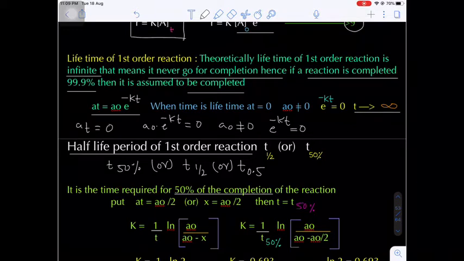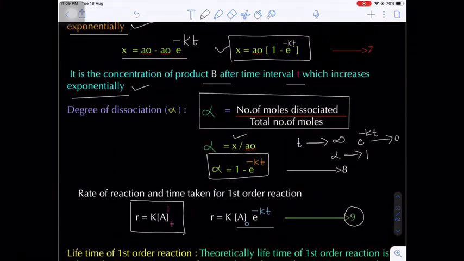Now when 50% of the reaction is completed, the concentration of the reactant will be 50% and the concentration of the product will be 50%. Either you can put At is equal to A naught by 2, or X value A naught by 2. Then the time interval will be T50. Are you getting my point?